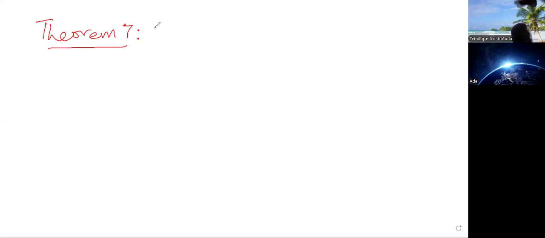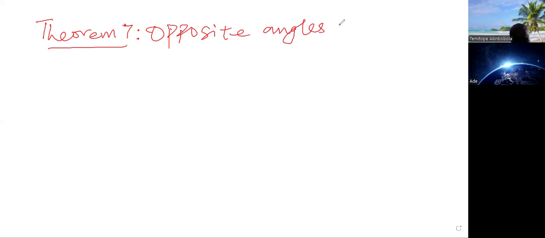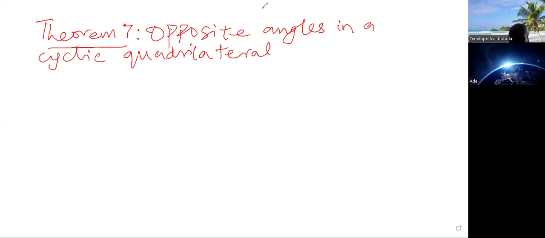So theorem 7 says opposite angles in a cyclic quadrilateral sum to 180 degrees.